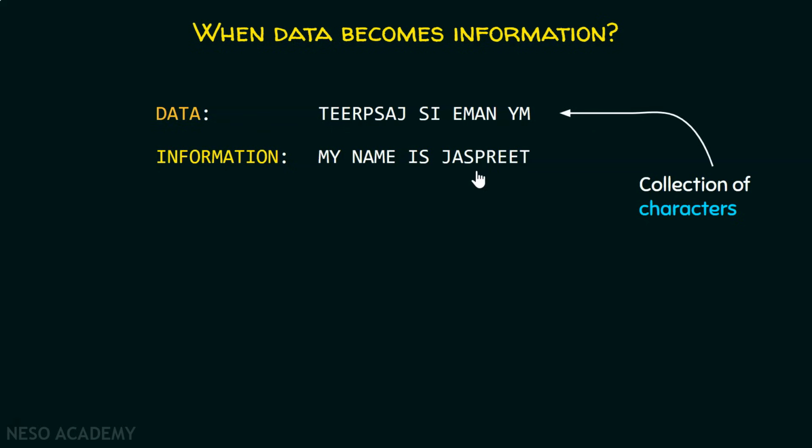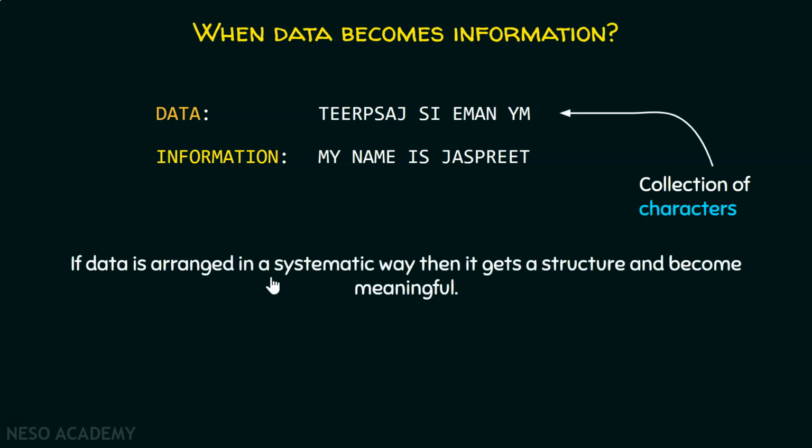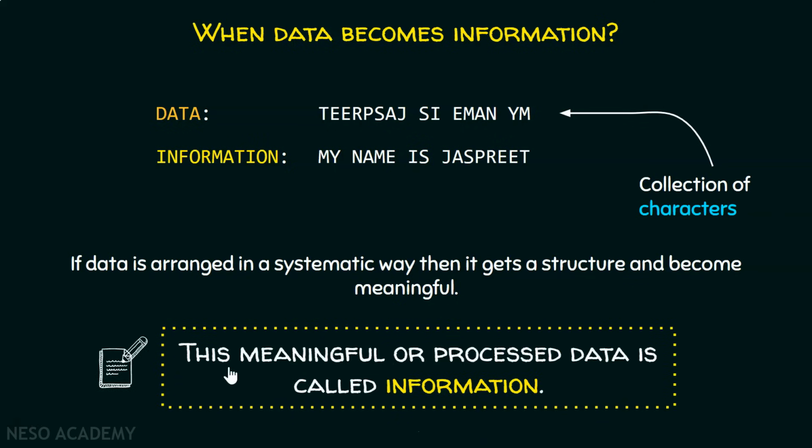So I can say that now here data becomes information because I can extract some meaning from it. So if data is arranged in a systematic way, then it gets a structure and becomes meaningful. Here I have arranged the data in such a way that it becomes meaningful for me. Therefore, I can say that this meaningful or processed data is called information.